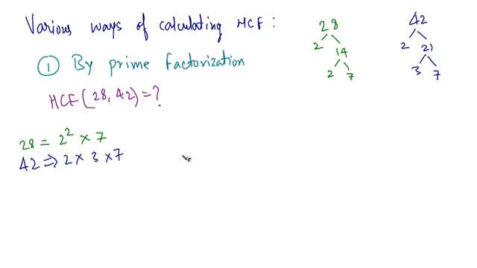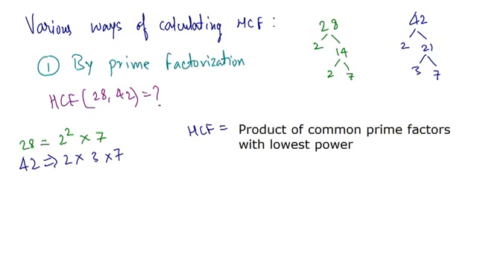Now the highest common factor by using the prime factorization method is equal to the product of common prime factors with the lowest power. So we have to find out what prime factors are common to both of these numbers. It turns out that 2 and 7 are the common prime factors. So HCF is equal to, the first common prime factor is 2.